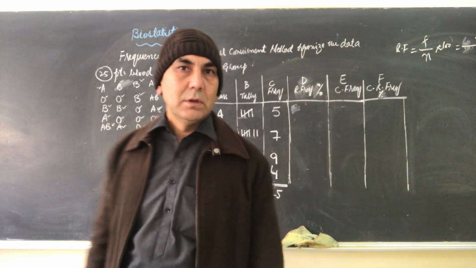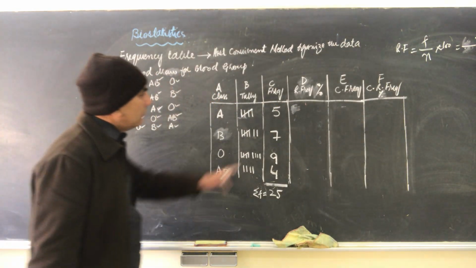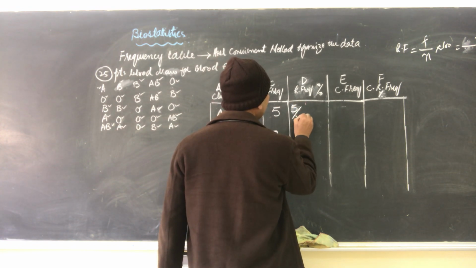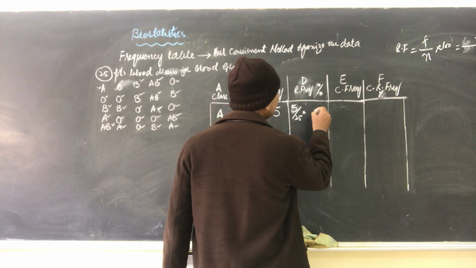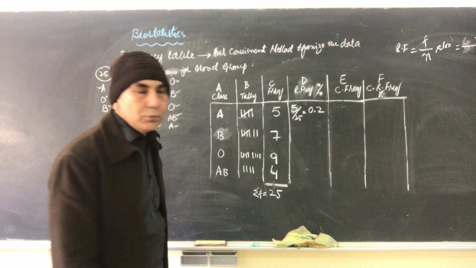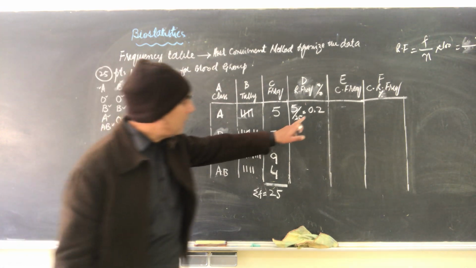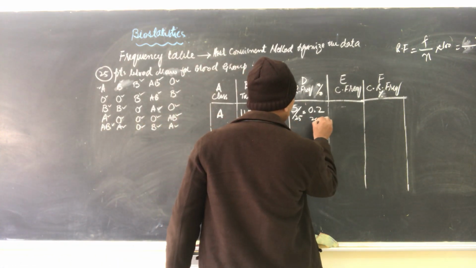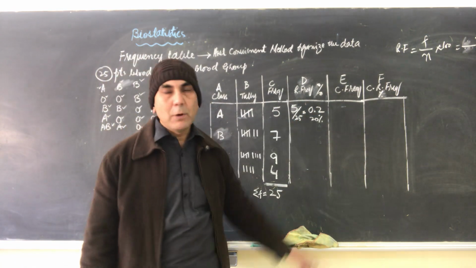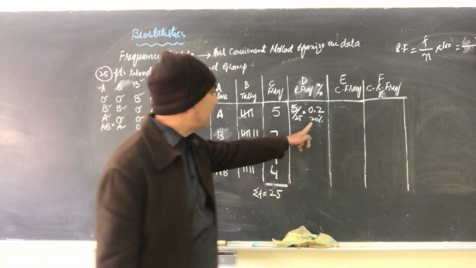Right. So now the frequency 5 divided by 25 is 0.2. 0.2 means 20%. If you multiply 0.2 by 100, it comes up as 20%.